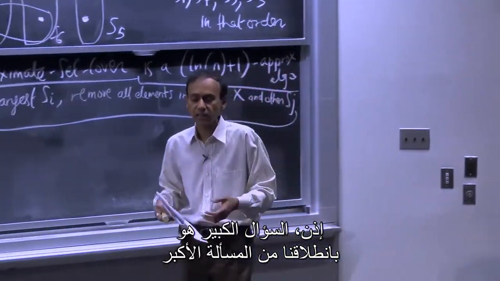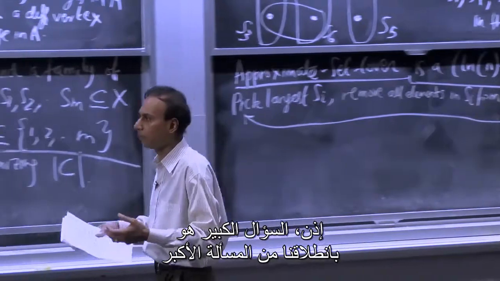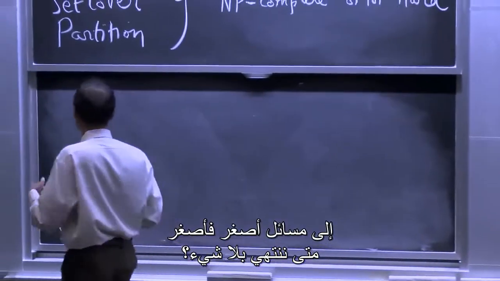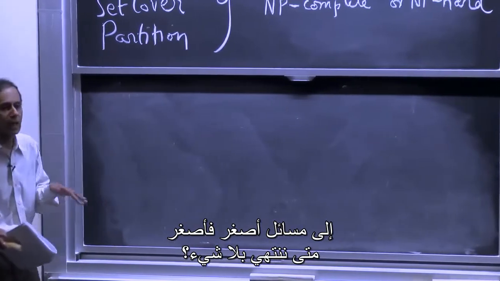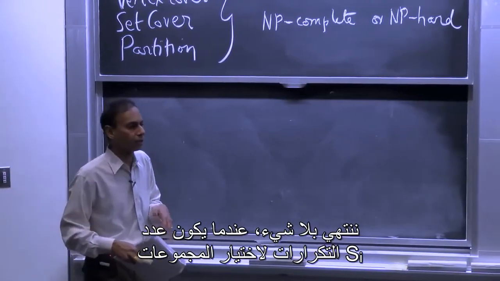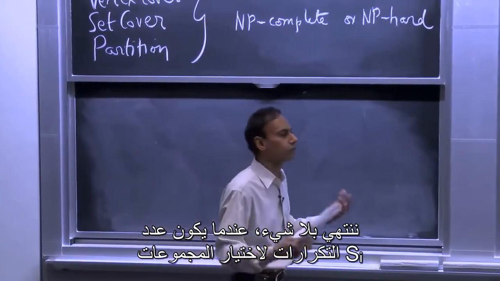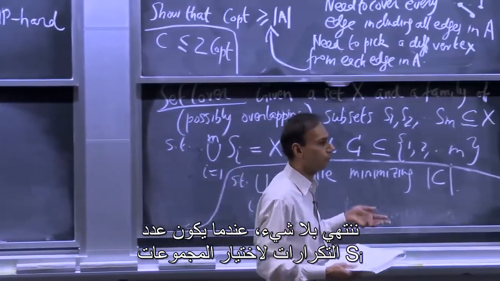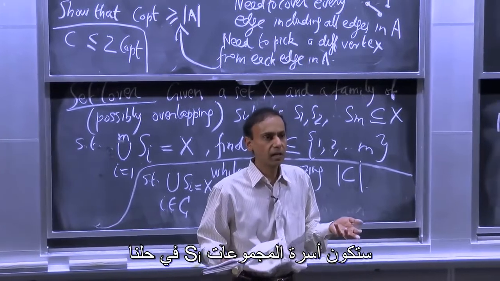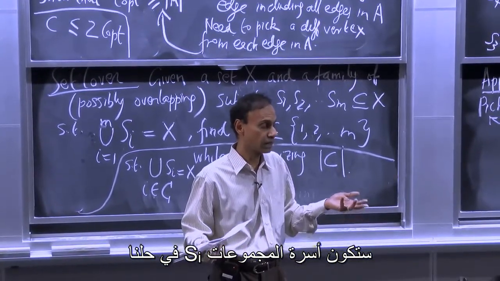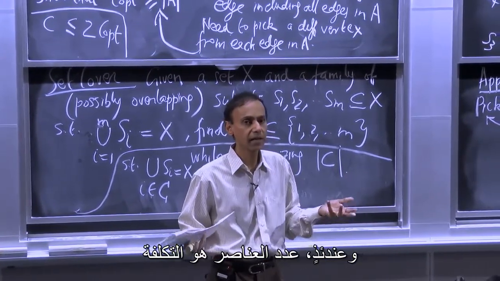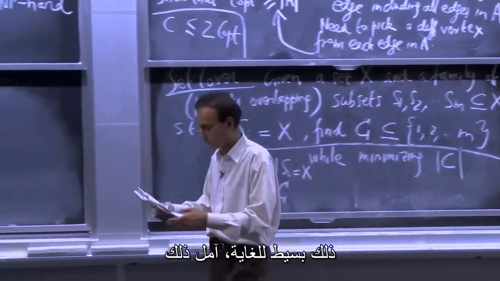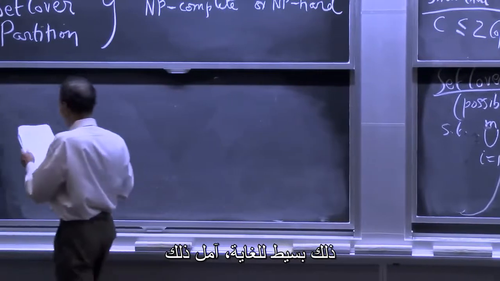So the big question is, as we go from the biggest problem that we have, the original problem, to smaller and smaller problems, when do we end up with nothing? When we end up with nothing, that's when the number of iterations that corresponds to the number of SIs that we picked is going to be the collection of SIs in our solution, and the cardinality of that is our cost, right? So that's all pretty straightforward, hopefully.